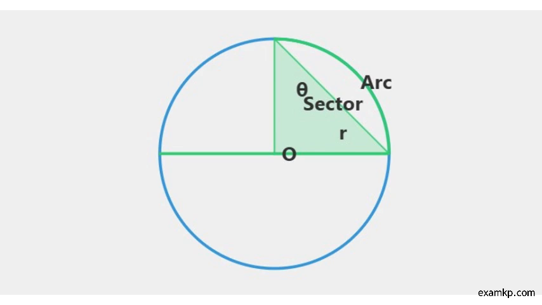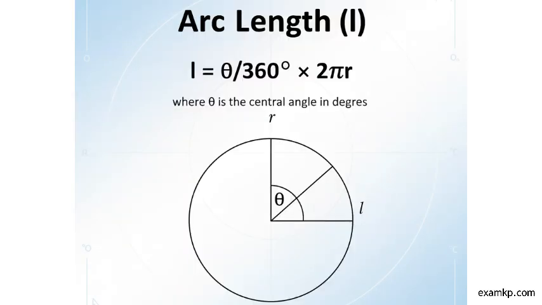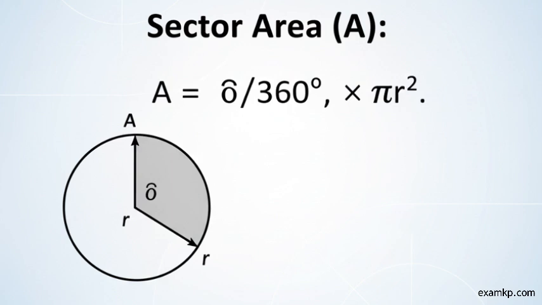A sector is a pie-sliced portion of the circle, bounded by two radii and an arc. The arc length is L equals theta over 360 times 2 pi r, and the sector area is A equals theta over 360 times pi r squared.